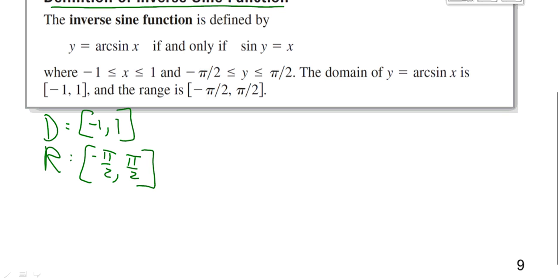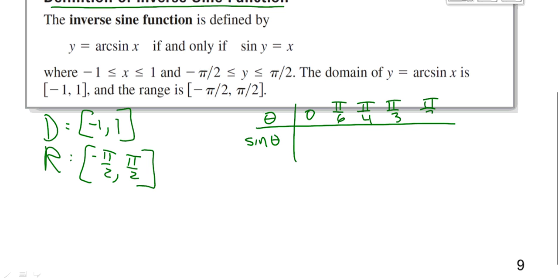Just a reminder from before, if we had the angle theta and sine theta, and I'll just write that piece of the chart: 0, pi over 6, pi over 4, pi over 3, and pi over 2, and 0, 1/2, square root of 2 over 2, square root of 3 over 2, and 1. That was the chart that we used before.